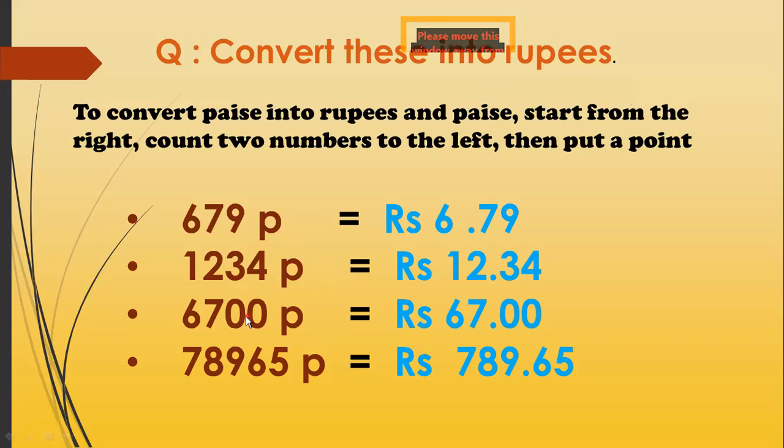After counting two numbers to the left, we will place the decimal. So here the decimal we place in between 7 and 0. So we get the answer 67.00, and we will write the unit of rupees, Rs, before the number. Then come to the last examples.